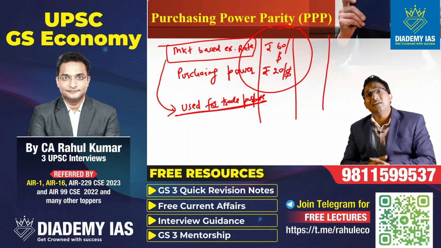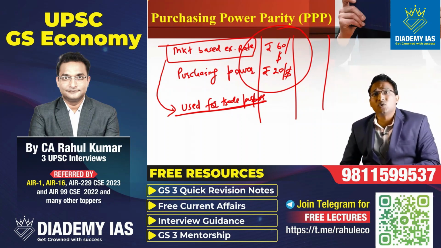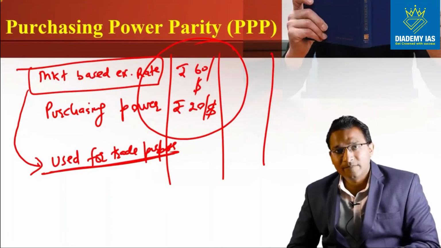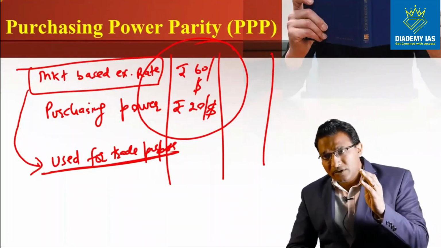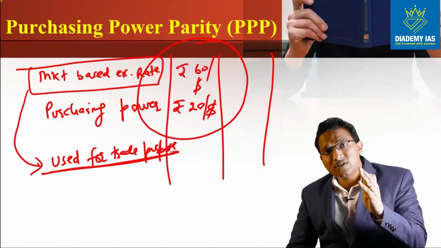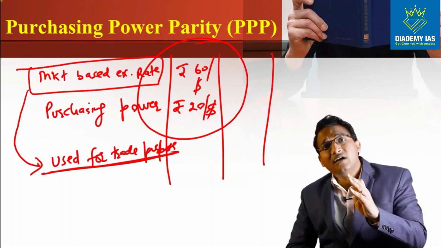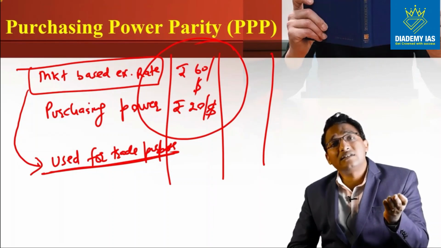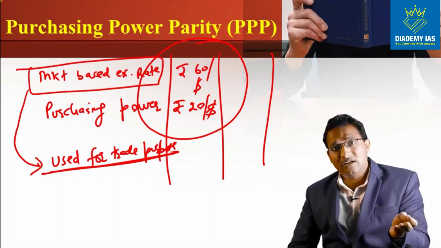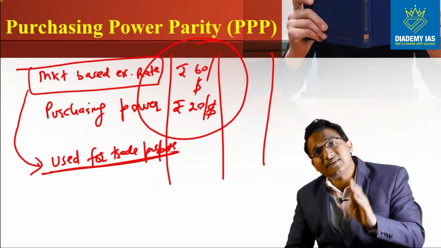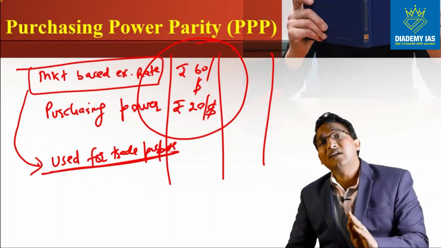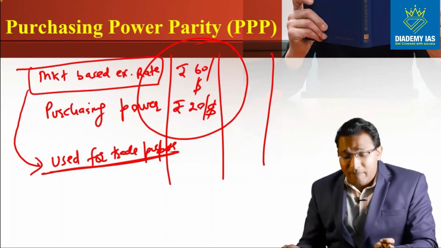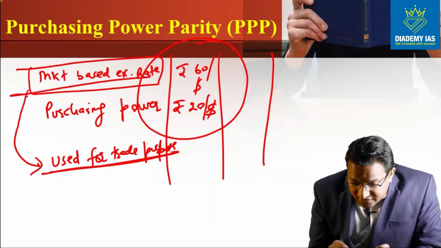It is not necessary that the purchasing power of that US dollar is really high, right? So the reason of this US dollar value being high is other than the standard of living. It is not exactly the purchasing power of this US dollar, but there are many other factors impacting this market-based exchange rate.